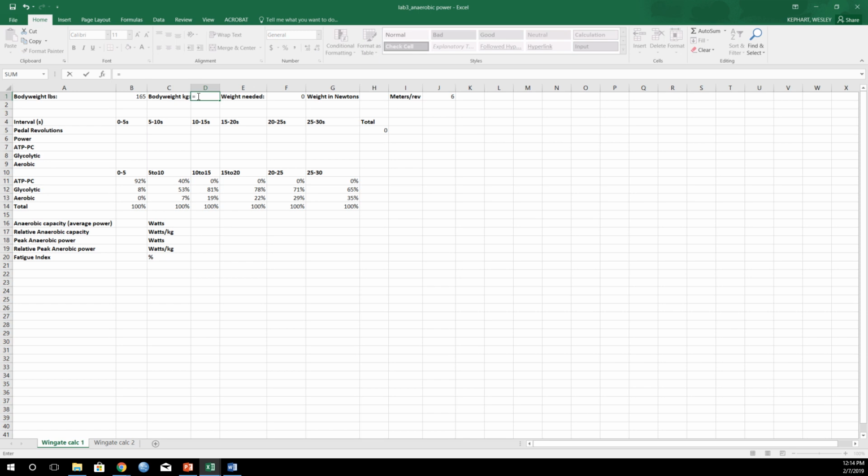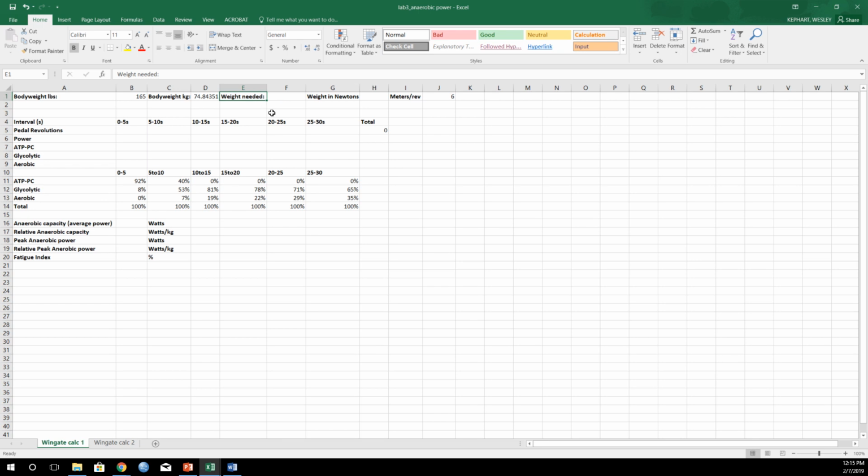Press the equal sign, highlight that cell, divide by 2.2046. Hopefully everyone's getting tired of that by now. Oh, I already had that one entered. Sorry, didn't mean to do that. So here we go, body weight in kgs. So 165 pounds is close to 75 kgs.